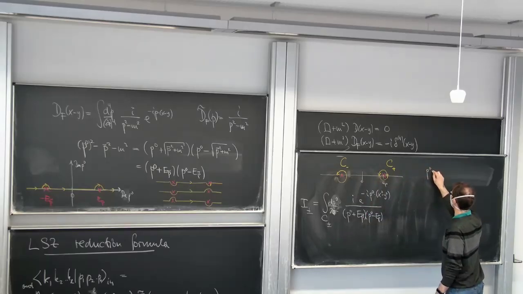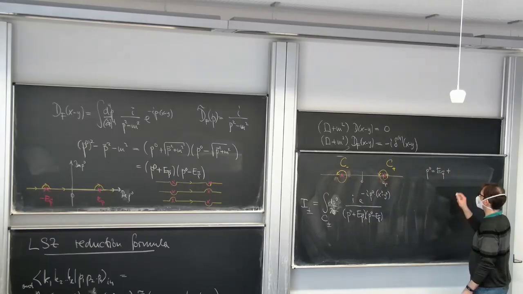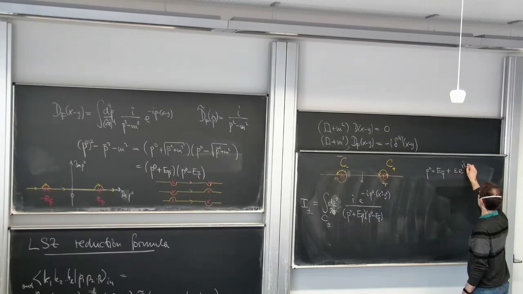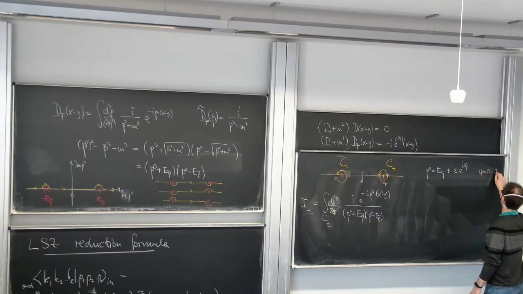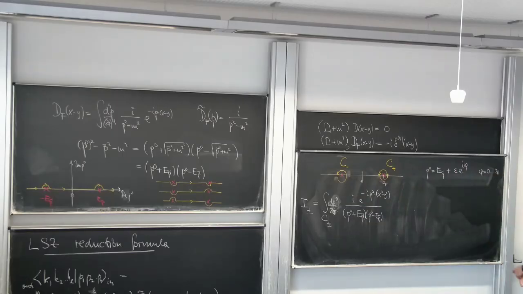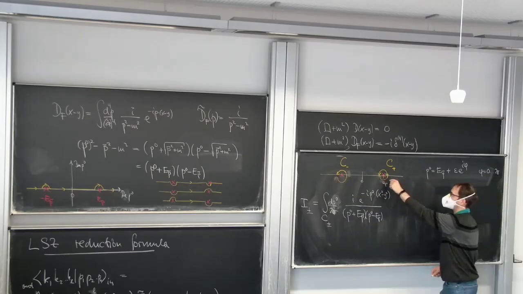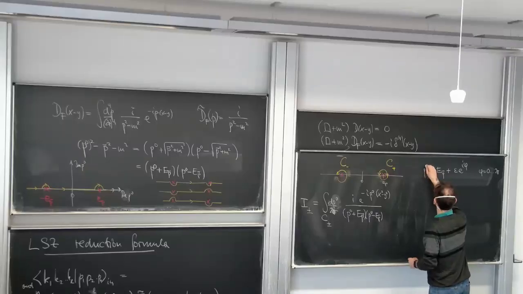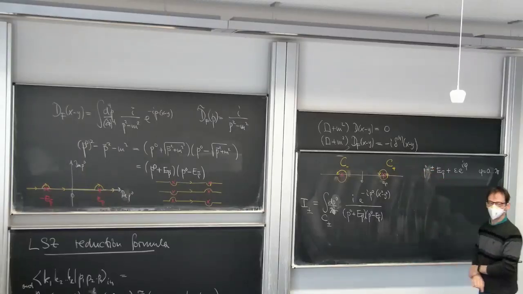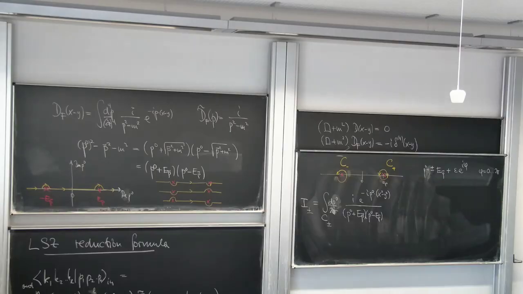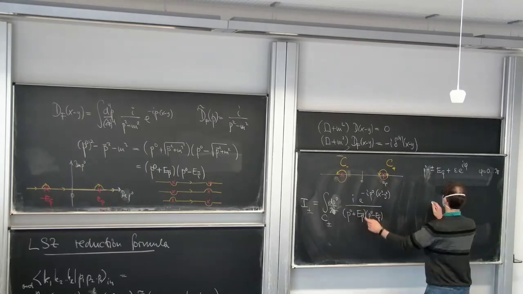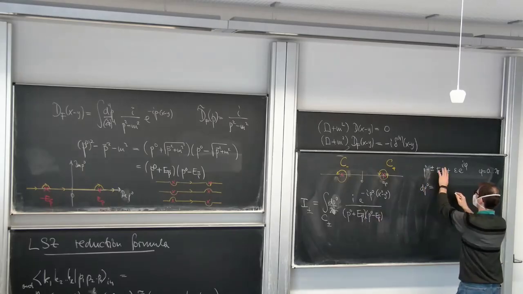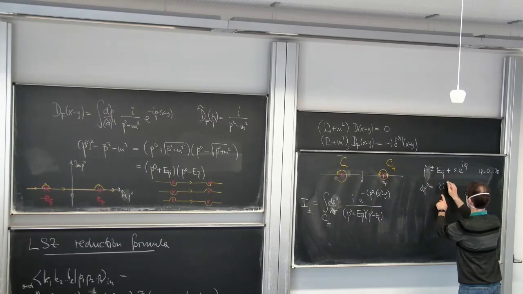So I say P0 is EP plus a little circle of radius epsilon e to the i phi, with phi from 0 to pi. That's if phi runs here, I'll go in the circle with radius epsilon around this pole. If I want the other pole, I probably have to have a minus in there. The dp0 is gone. Then I have i epsilon e to the i phi d phi.